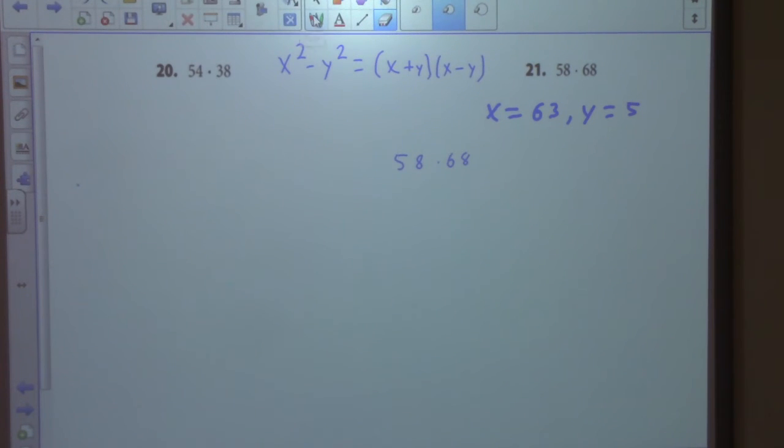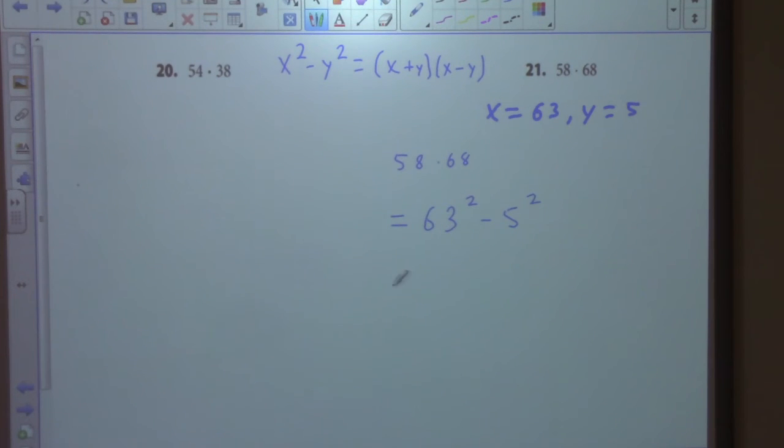I don't know. Let's go ahead and write this out. So what we're going to have is this is going to be equal to 63 squared minus 5 squared. Is that right?